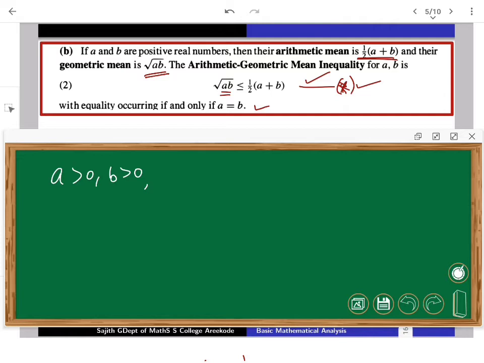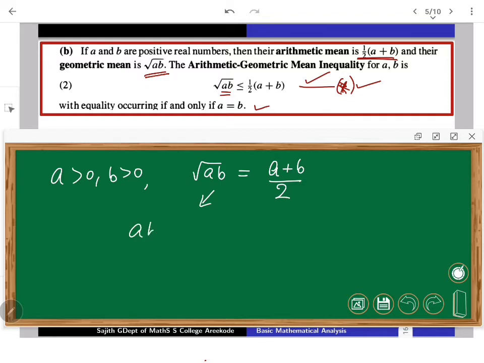Now if a and b are positive real numbers and the equality holds in the star, which means square root of ab is same as a plus b by 2, then can you conclude that a and b are the same? Then it completes the entire proof. That's also going to be true, because in this situation, just square it, because these are equal.